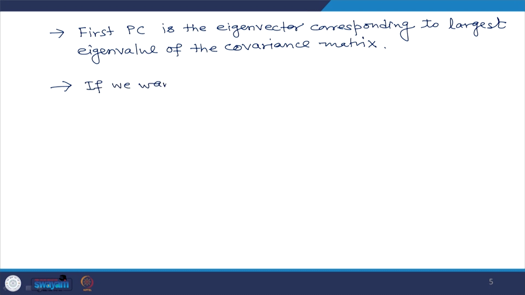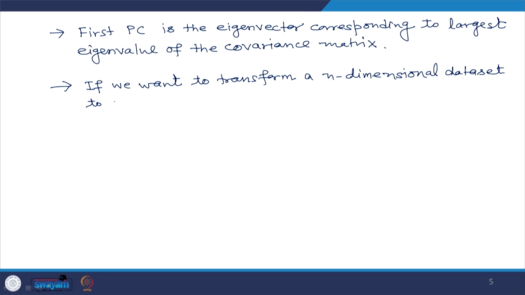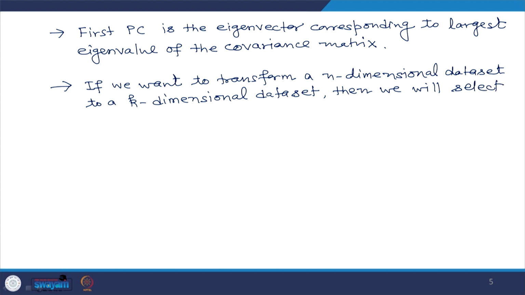So, using this fact, if we want to transform an n dimensional data set to a k dimensional data set, then we will select the first k principal components.